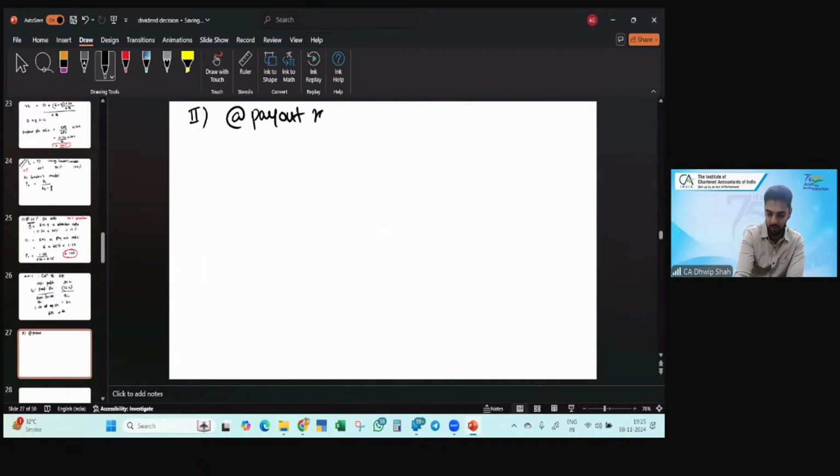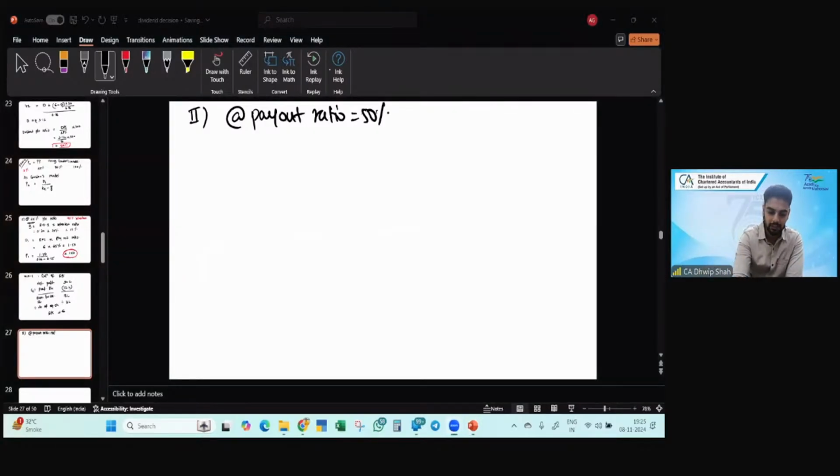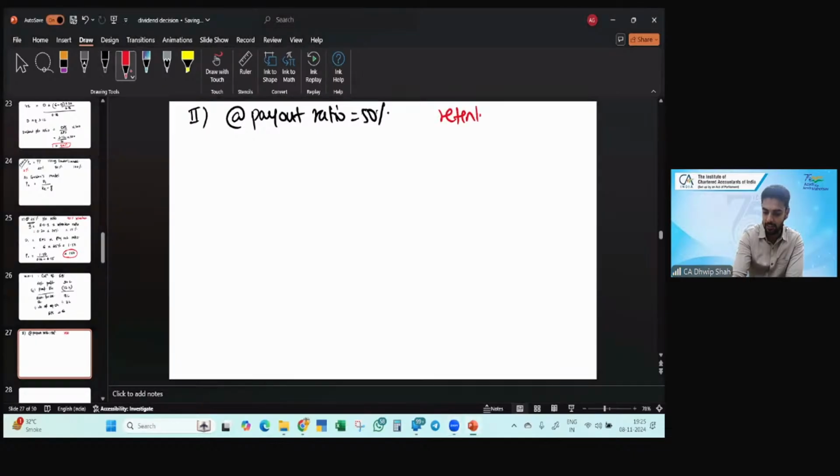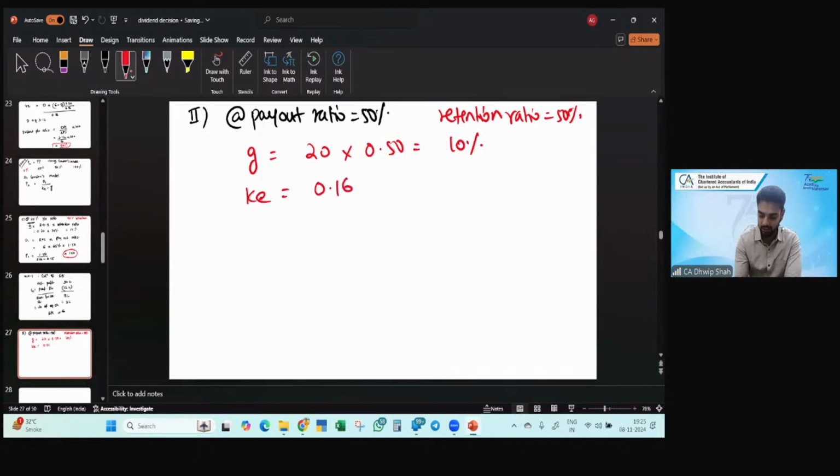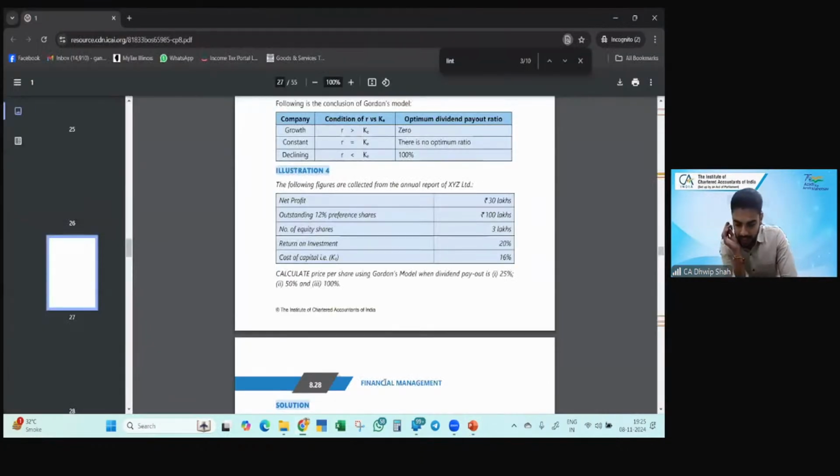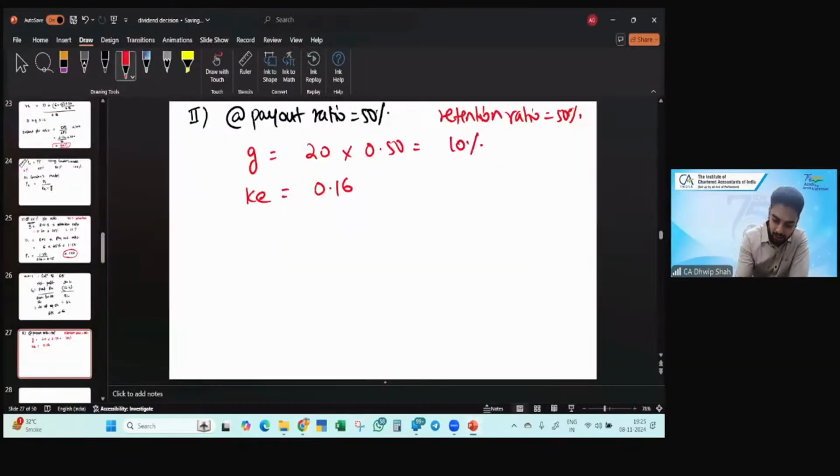50%. When the payout ratio is 50%, so in other words, can I say retention is 50% as well? If 50% is paid, then 50% would be retained. So growth in this case would be 20 into 0.5, which is 10%. Correct? KE is given in the question, it is 0.16. And now D1 would change. D1 would be EPS into payout ratio.